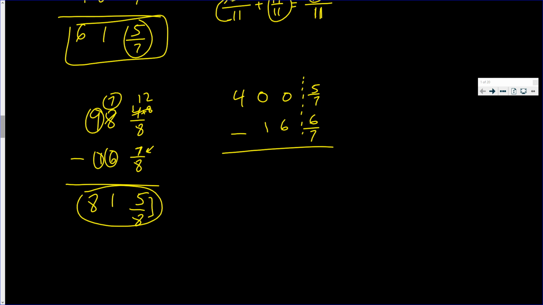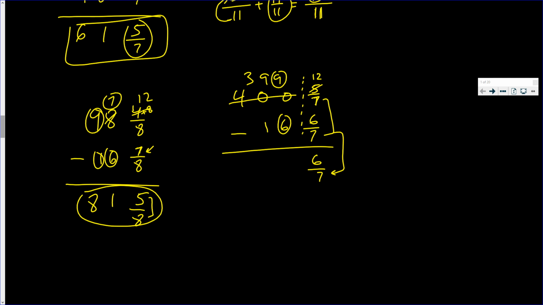So you borrow from the 400. You borrow 1. You get 399. And then you add the 7 to the top. 7 plus 5 is 12. You subtract. The denominators are the same, so it stays the same. 12 minus 6 is 6.